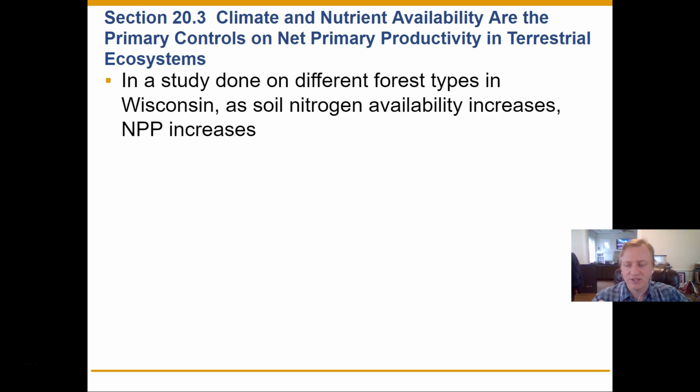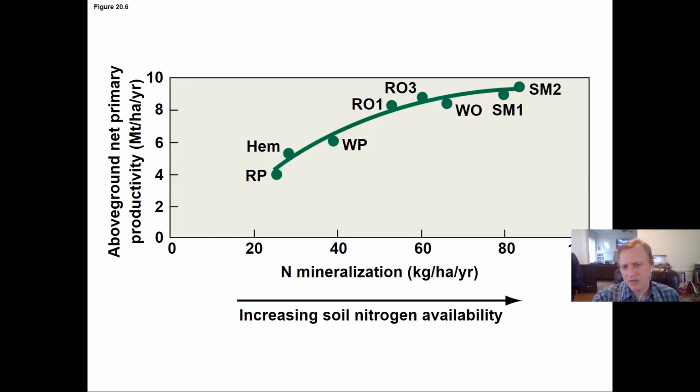I believe they looked at just different oak forests, and they looked at the differences in the soil availability of nitrogen. So you see primary productivity is increasing in general with increasing nitrogen availability.